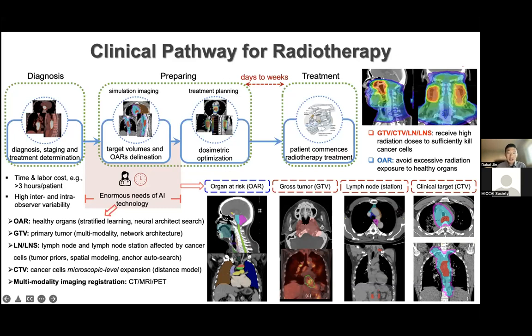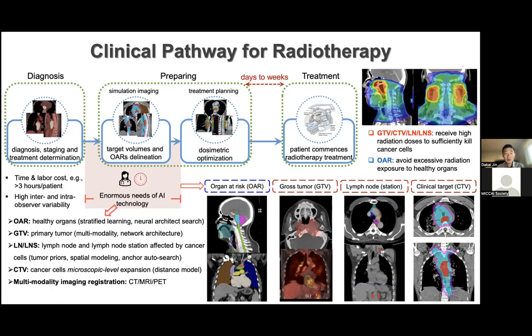So we see that in all these four tasks, there are many parts where machine learning, deep learning, and medical image analysis can help a lot. And finally, there is another need, the multimodality imaging registration.